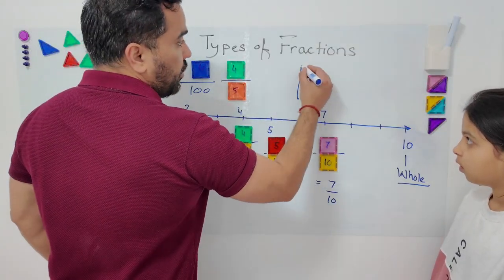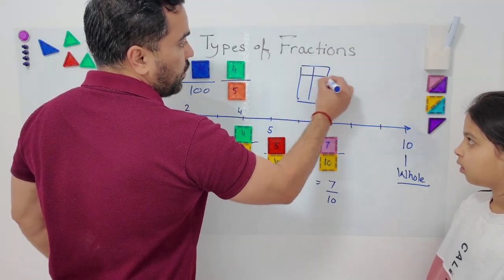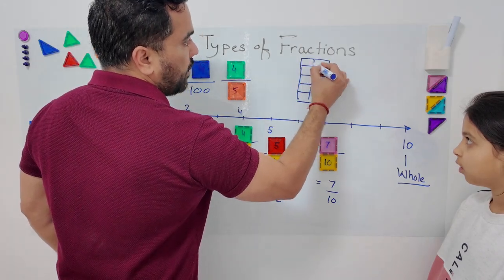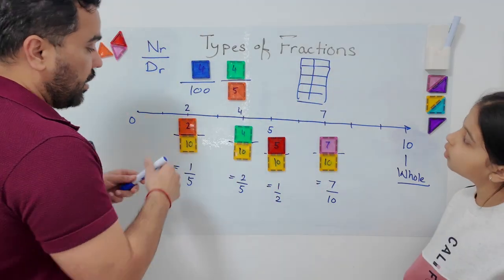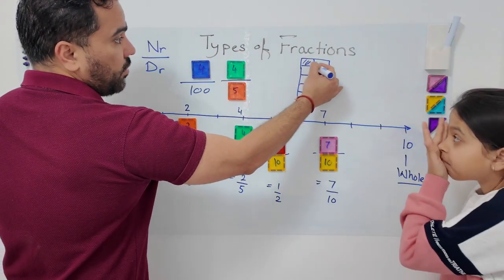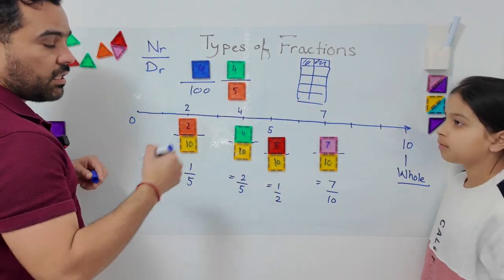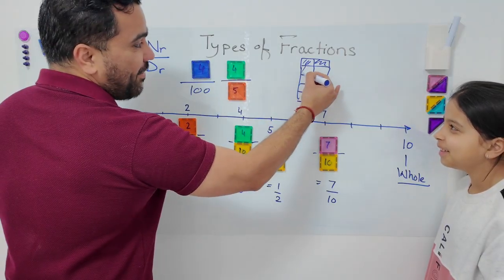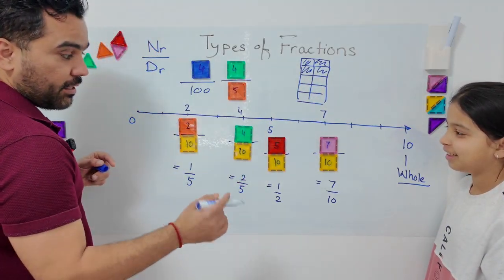If your chocolate was divided into 10 equal parts, I'm only giving you these 2 pieces. Then you are crying and asking for more. So I gave you 2 more pieces. So now you have 4 pieces.